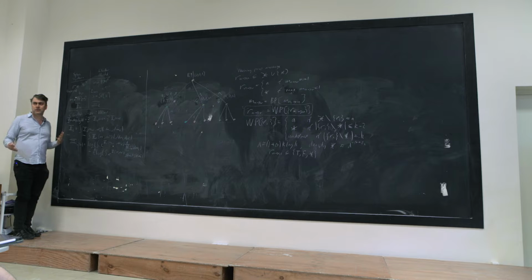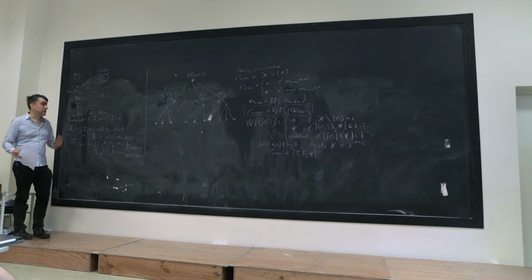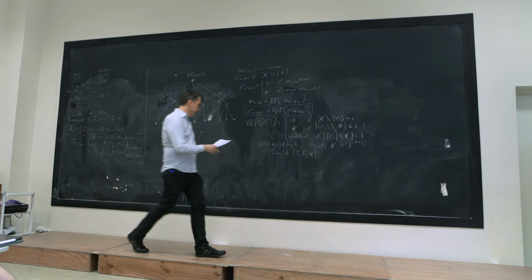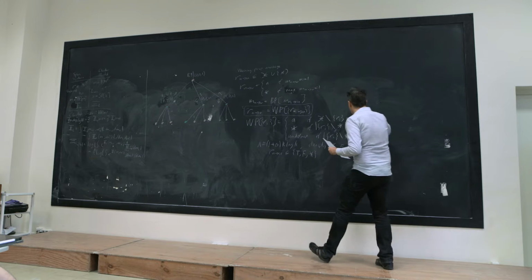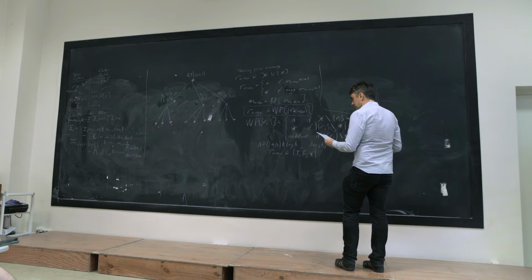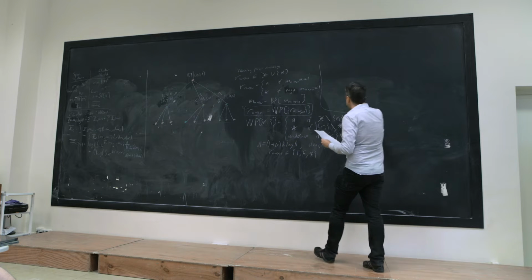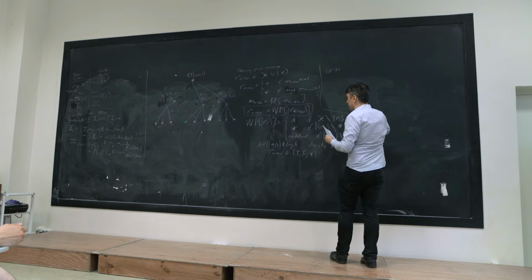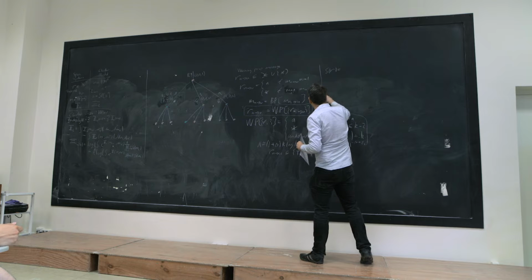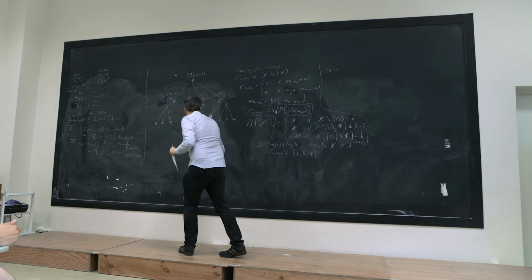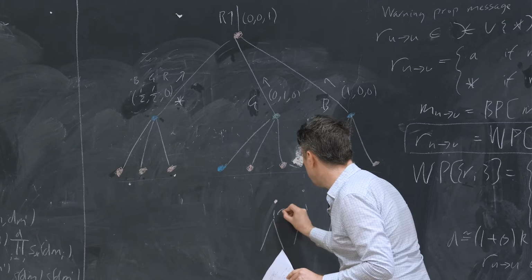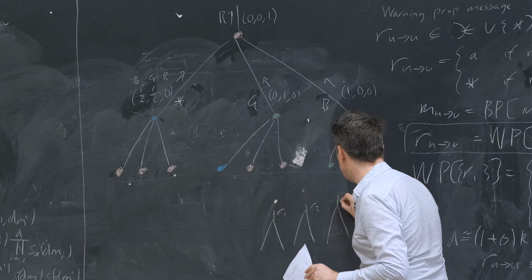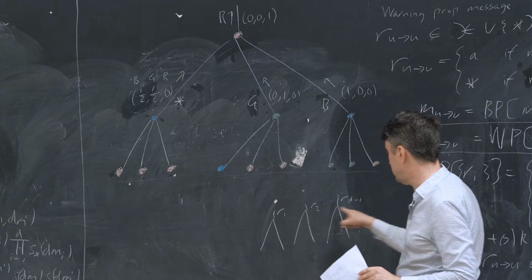We can write down exactly what the expected number of solutions should be. The corresponding fixed point would be S of R equals. We think of D minus 1 children, each with a distribution over warning propagation messages on their roots.